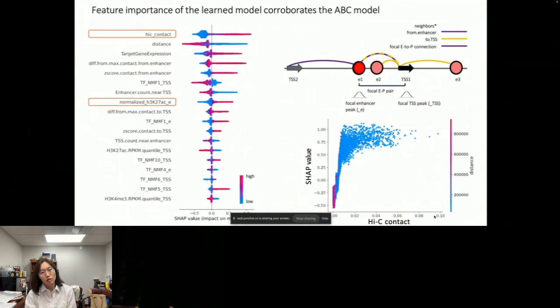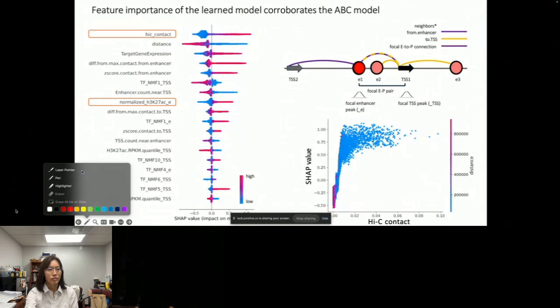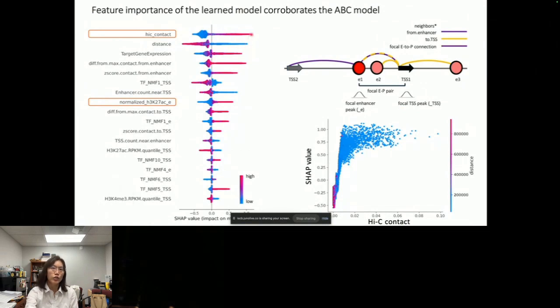If we look at the overall feature importance, it also corroborated the ABC model because the most important feature was the Hi-C contact between the enhancer and the promoter. The way that you read these kinds of graphs is: red means high feature value, blue means low feature value.